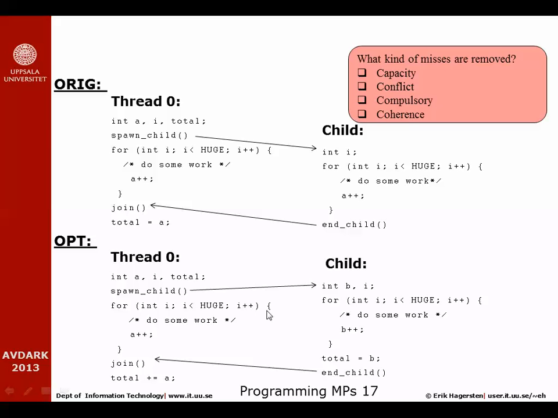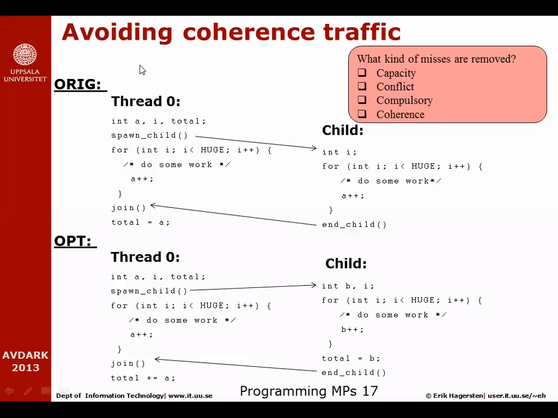So what kind of misses are removed when you make this kind of optimization? It's coherence misses, and actually the title of this slide was avoiding coherence traffic, and I just hid it from you to not make this too easy. So this is coherence traffic that's being generated, and these are what are called coherence misses in the caches.